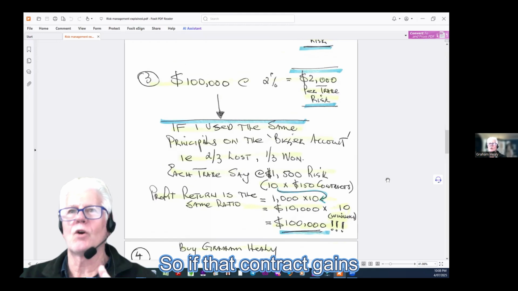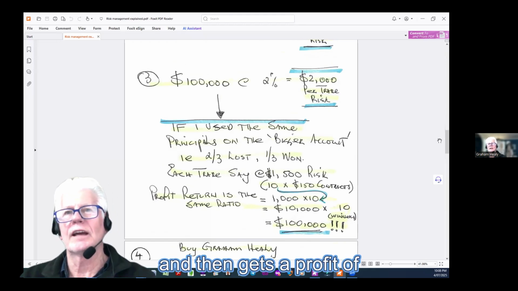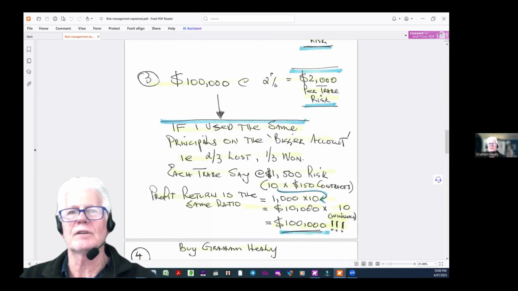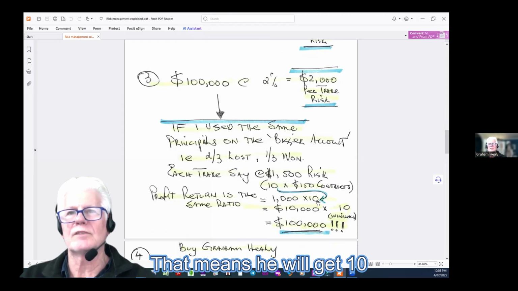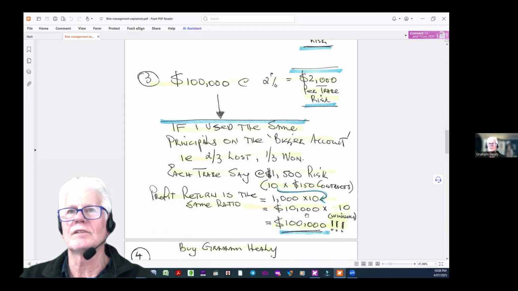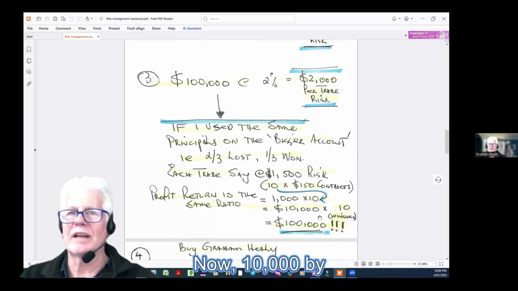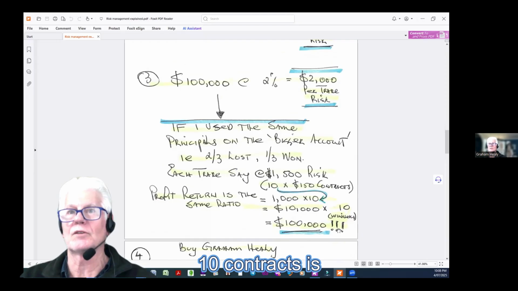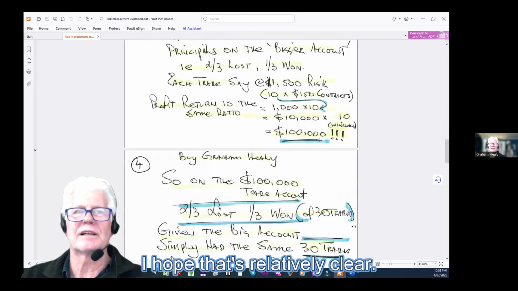So if that contract gains and gets a profit of 1,000, that means he will get 10 by 1,000, which is 10,000, right? Now, 10,000 by 10 contracts is $100,000. I hope that's relatively clear.